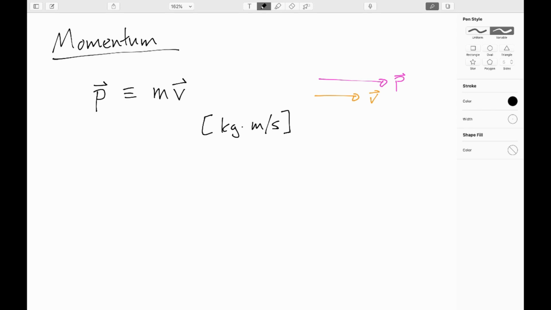However, at the speeds we're going, anything that has ever been a part of your daily experience, this special factor to take relativity into account is a number just microscopically bigger than 1. And so we can go ahead and ignore it here. But just for full disclosure later, this definition will have to get modified a bit.